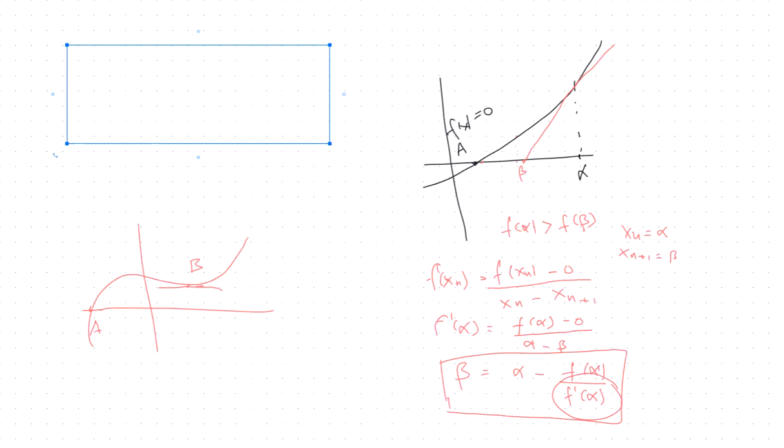That will be another question. If f dash x is not analytically differentiable, yes, sometimes we can do approximation using the numerical derivative. But in general, the numerical derivative is not going to be as accurate as the analytical derivative. Hence, the convergence will not be as fast as with the exact derivative.